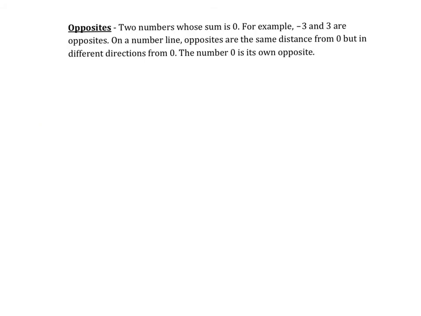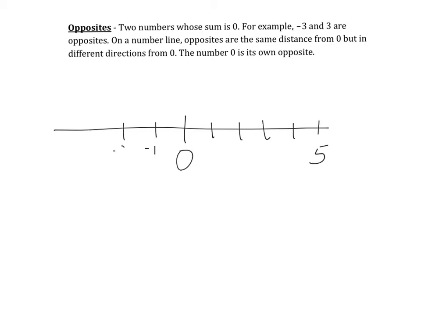What else should you know? You should know about opposites. Opposites are two numbers whose sum is 0. For example, -3 and 3 are opposites. On a number line, opposites are the same distance from 0, but in different directions from 0. So if we just show that quickly, I'm going to say 1, 2, 3, 4, 5, and this is 0, -1, -2, -3, -4, -5.